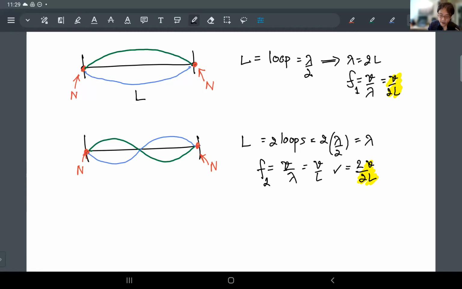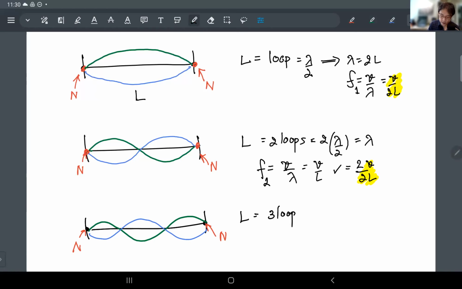Now you can guess if you want to do one more, the progression is going to give you a clue already. You twist one more. There you go. And now that is 3 loops. You still start from a node and end with a node. So the length of the string is 3 times the length of the loop, which is 3 lambda over 2.